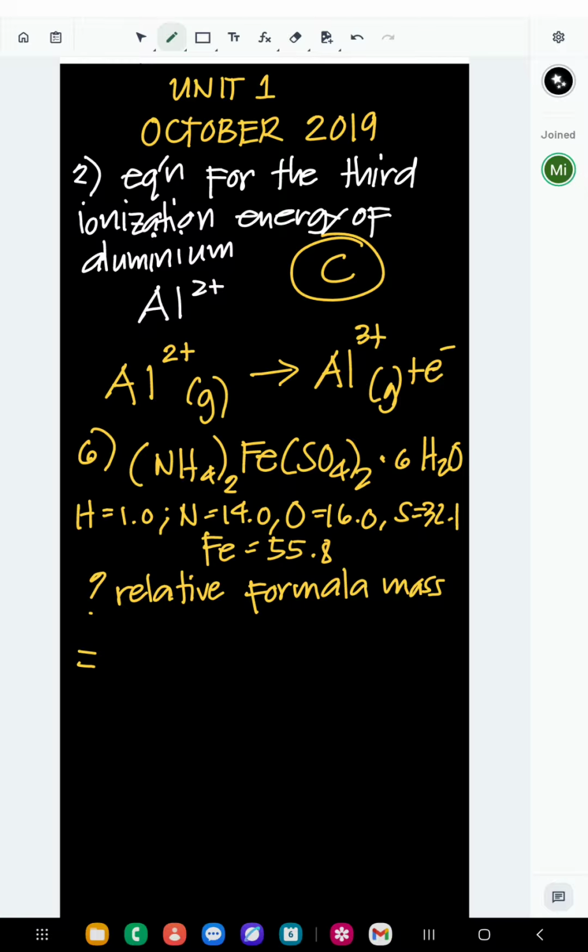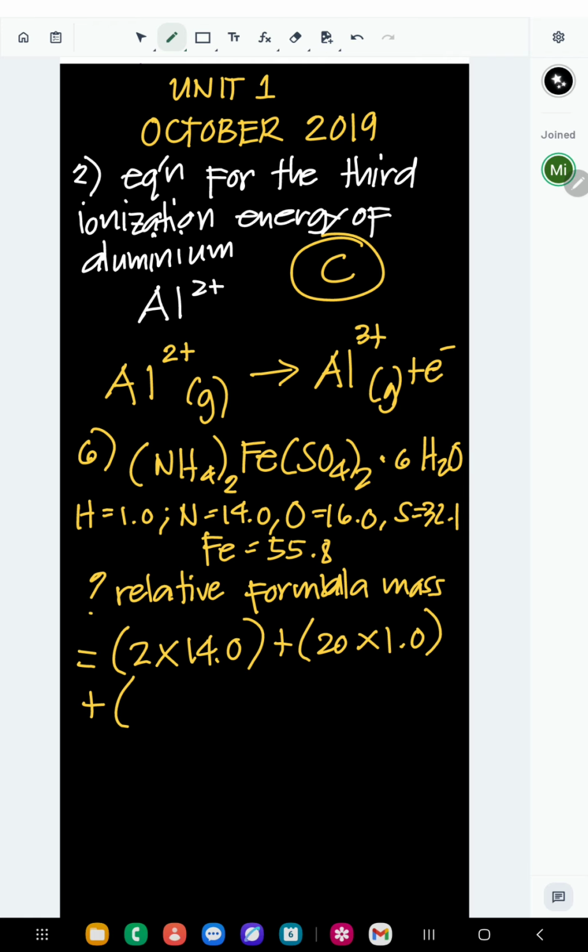So from NH4 2, we have 2 atoms of nitrogen. So that would be 2 times 14 grams per mole, plus hydrogen. We got 8 from ammonium and then 12 from water, so that is a total of 20 atoms of hydrogen. So that is 20 times 1.0, because 1.0 is the molar mass of hydrogen, plus iron.